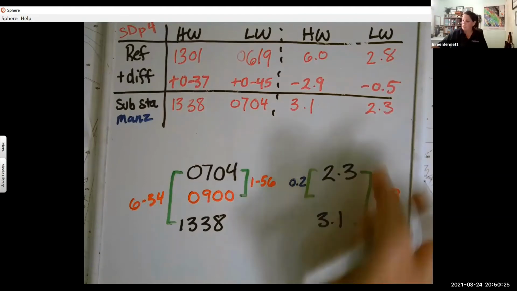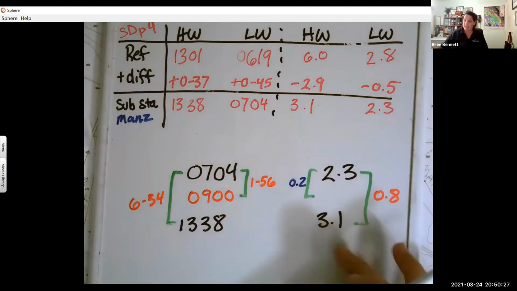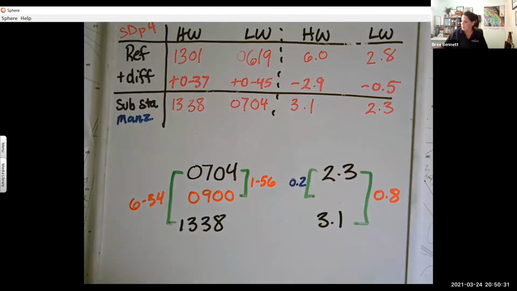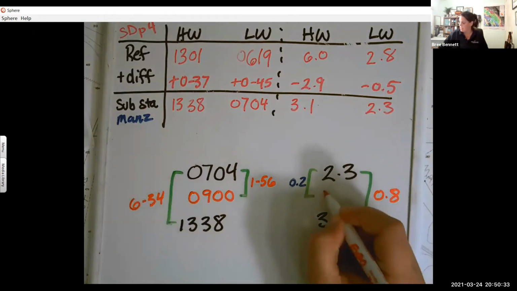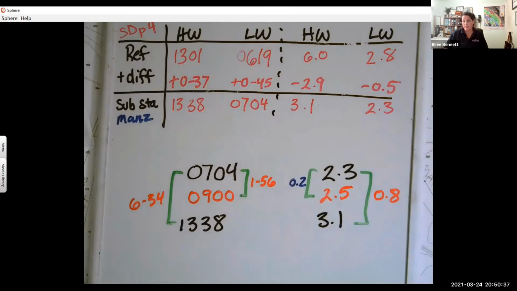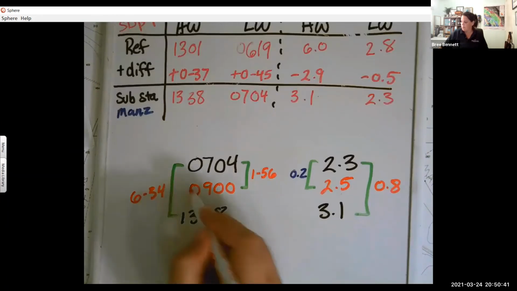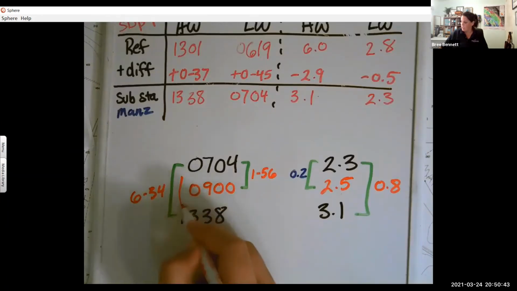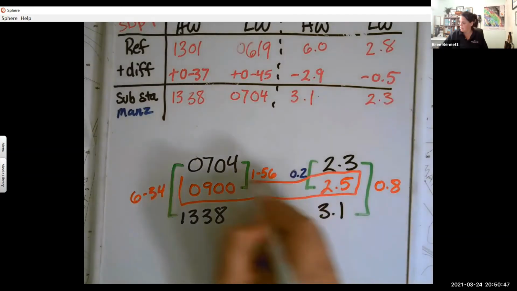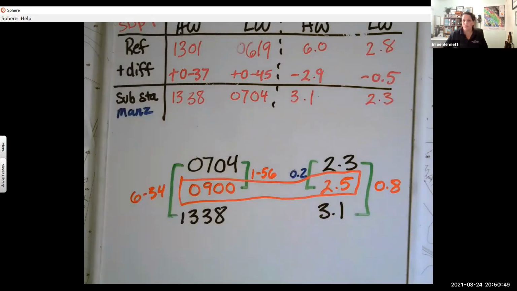We're at a low tide rising to a high tide. We still got to fit in our little sandwich here. So we're going to add it to get 2.5. So our 0900, our tide will be 2.5.